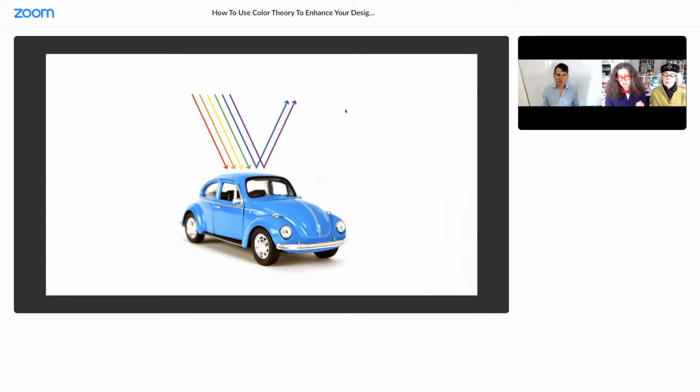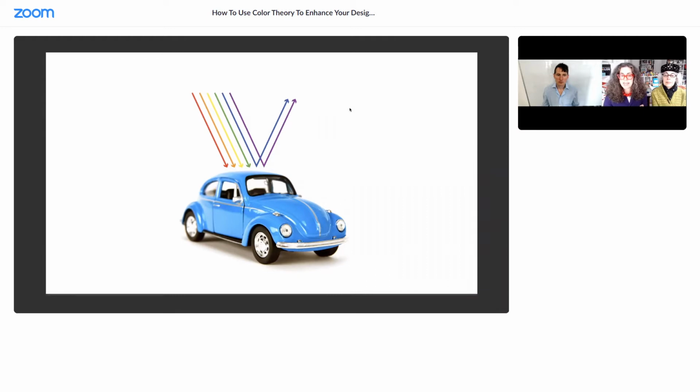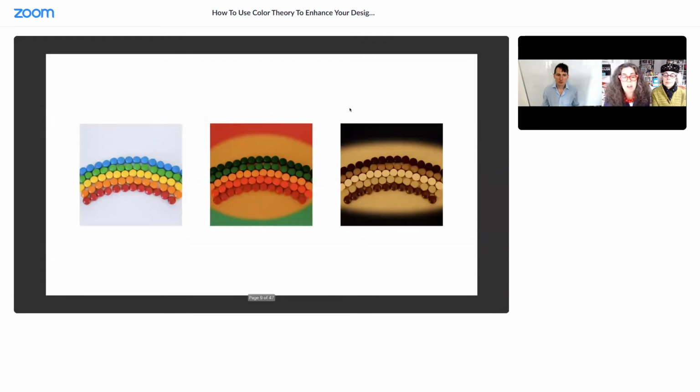So if we change the light source, we also change what we see. If you change an incandescent bulb to an LED bulb, you change which light gets absorbed and which light gets reflected. So here we have a series of photos of the exact same M&Ms.